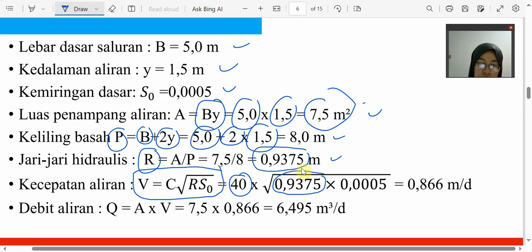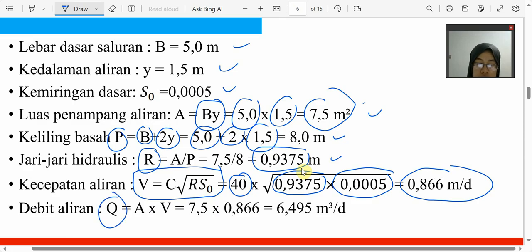We input the R here and then the S0, and then we get the velocity 0.866 meter per second. Okay, and then discharge is A times V, A from here times V, and we end up with 6.495 cubic meters per second.